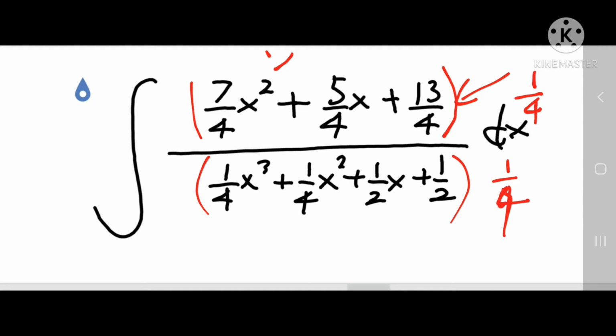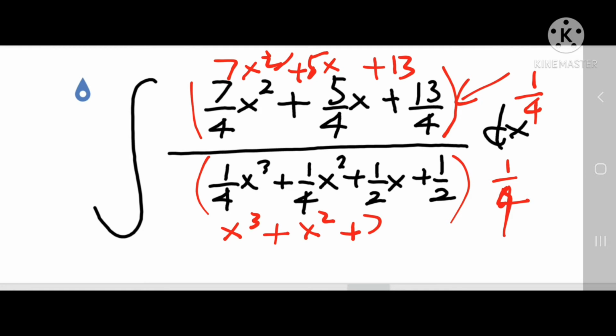So factorizing 1 on 4 out of the numerator, we get 7x squared plus 5x plus 13. Then for the denominator, we get x cubed plus x squared plus 2x plus 2.